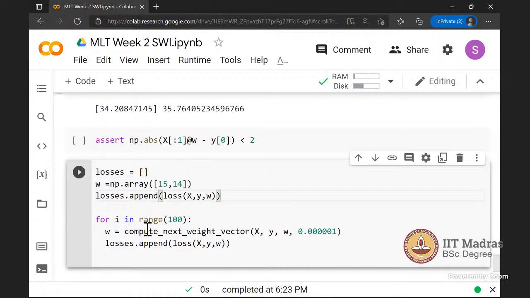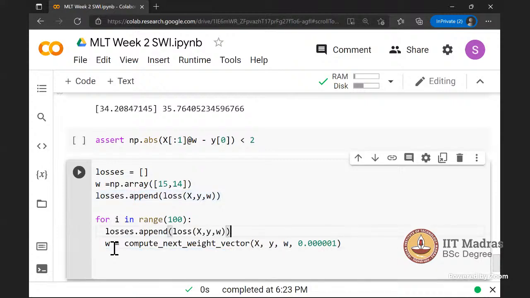But there will be a mismatch for one entry. I want to compute the loss for the first entry also. If I do that, the last iteration will be lost, right? Inside that for loop, first you compute the loss with the W that you have already initialized, right?